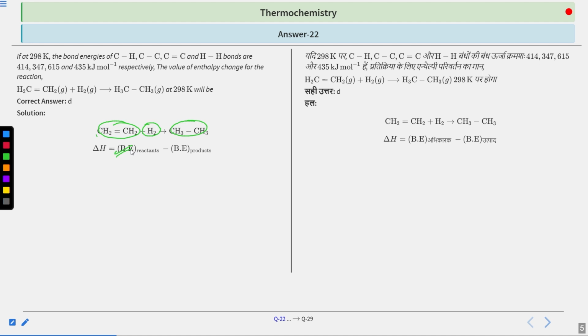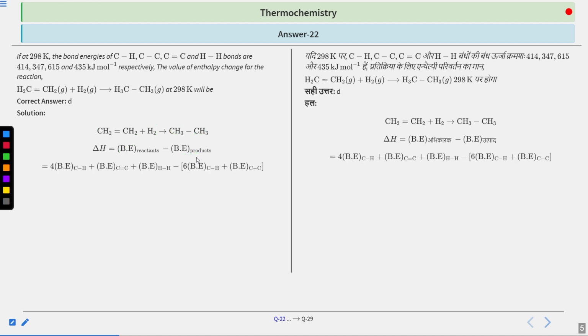So we have taken the positive sign, whereas we are forming bonds on the product side. Therefore, we will take a negative sign, because the given energies of C-H, C-C or H-H are all for bond breaking and not bond forming, and this is bond forming. So we will take the negative of those which are given.